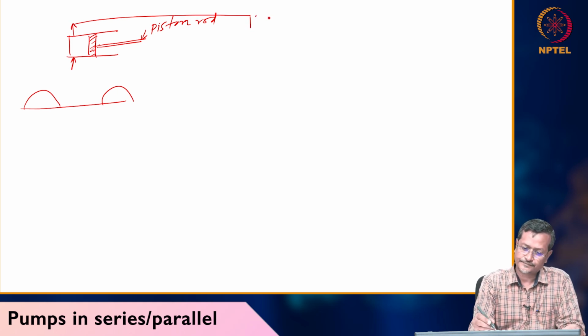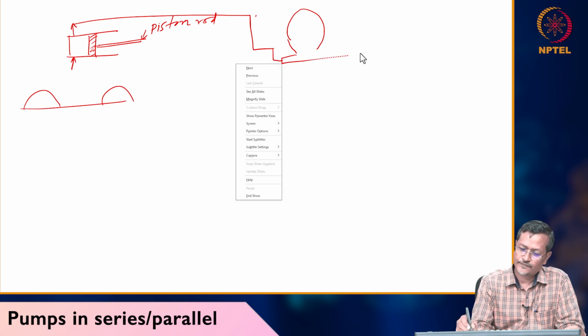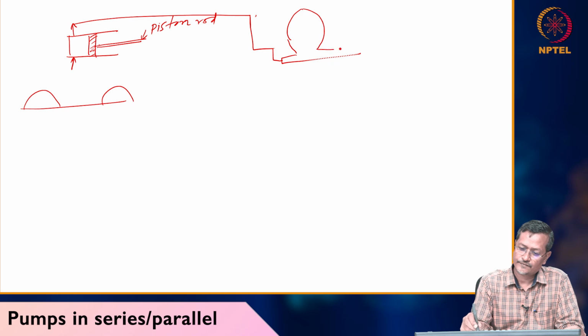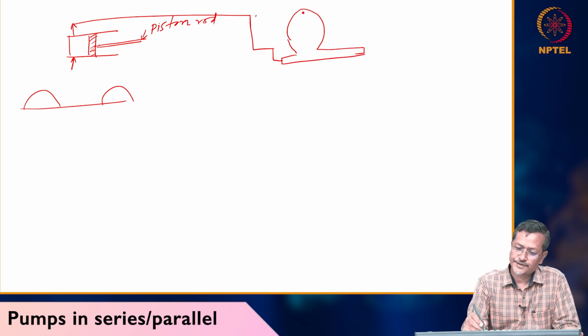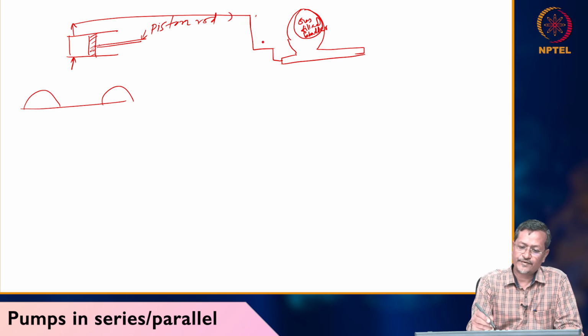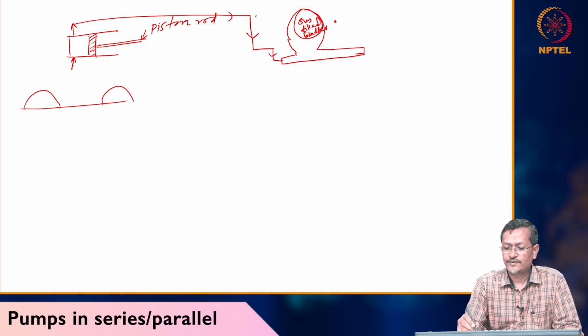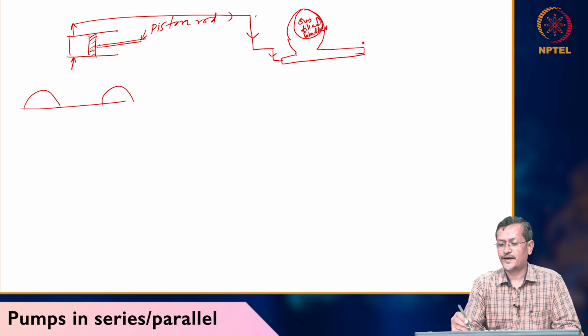The chamber is like this, and this is the nitrogen filled area, a gas filled balloon, a gas filled bladder. So what happens when the delivery fluid comes? The delivery fluid will compress this bladder.